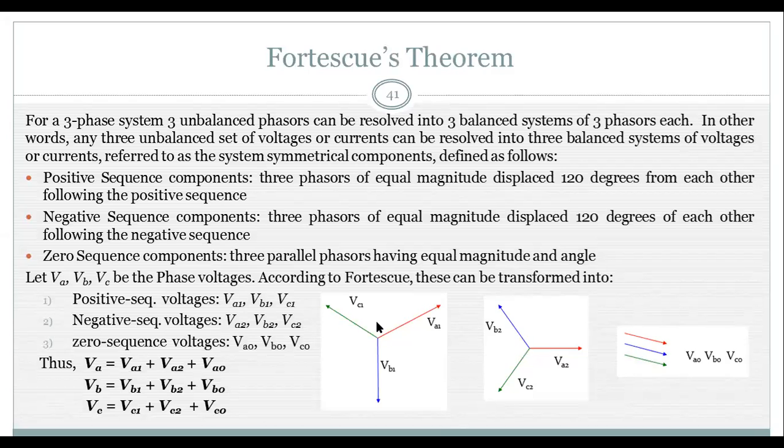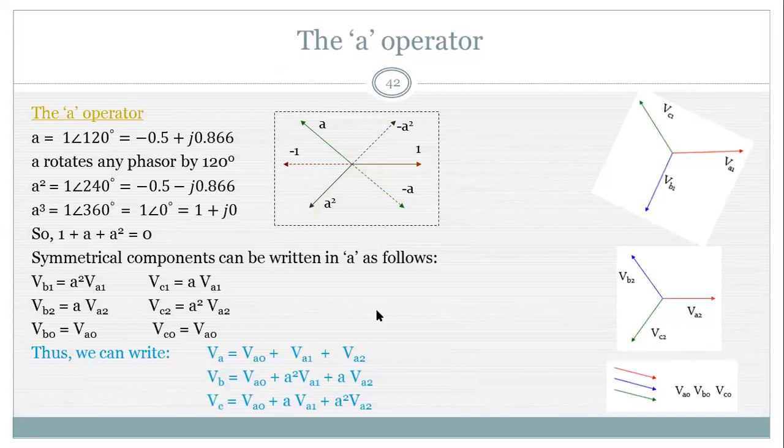Now, how can we calculate the equations of the symmetrical components of voltage or current? We have to use the A operator. This is a 1 angle 120 degree operator, and A squared means 1 angle 240 degrees.